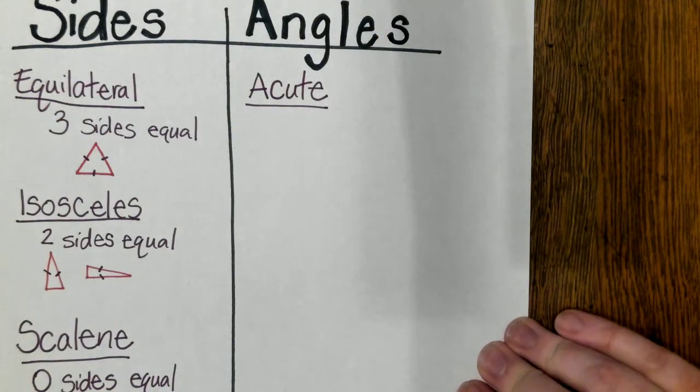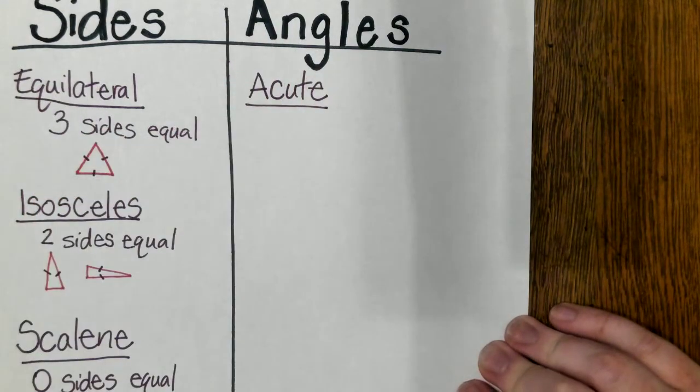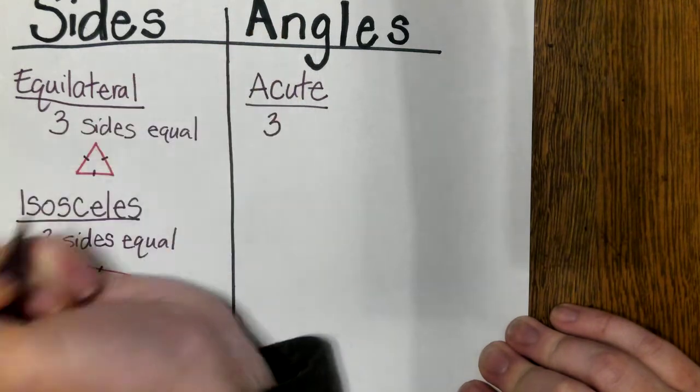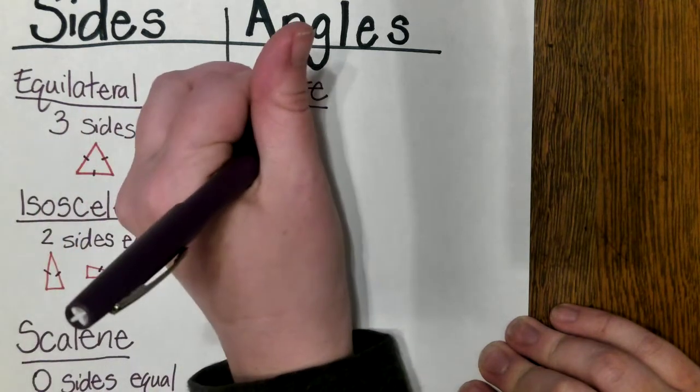Hopefully, you remember that an acute angle is less than 90 degrees. It's smaller than 90 degrees. For an acute triangle, all 3 angles are acute.